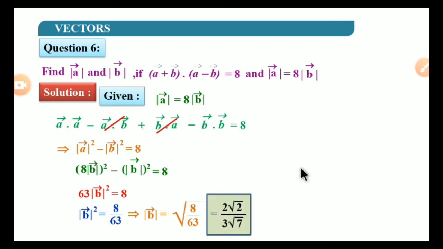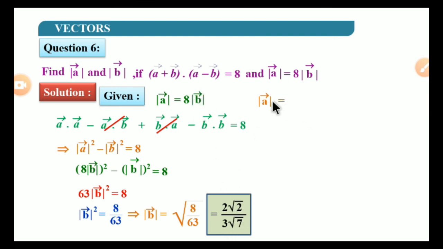So this is the value of magnitude of B, but we have to find out magnitude of A also. After simplification we have 2 into square root of 2 divided by 3 into square root of 7, because 8 can be written as 4 into 2, so it becomes 2 into square root of 2. Square root of 63 can be written as 9 into 7, therefore 3 into square root of 7. So this is the answer for magnitude of B. Similarly we can find magnitude of A, because magnitude of B is already found.